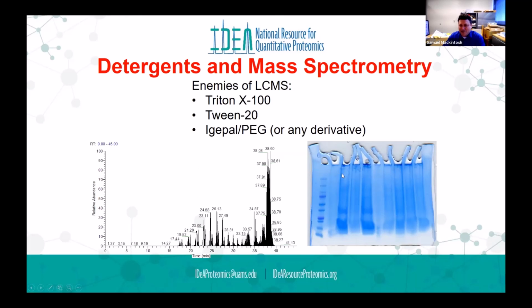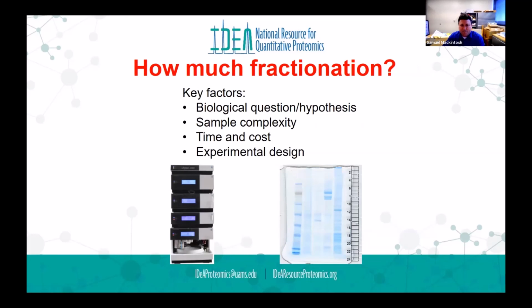This gel looks terrible for the same reason that this chromatogram looks terrible. The prep protocols we've got are a lot more forgiving now. Fairly reasonable amounts of detergent can be washed out in a prep. But if these substances are involved in the sample prep, we want to know about that ahead of time so we can deal with it appropriately or modify the prep protocol if we need to.